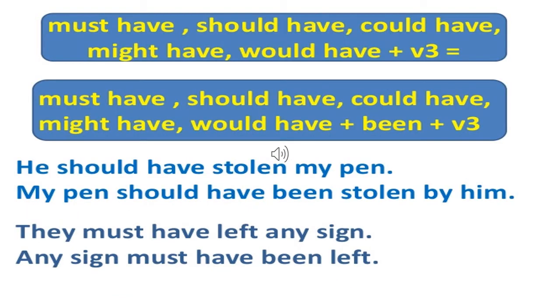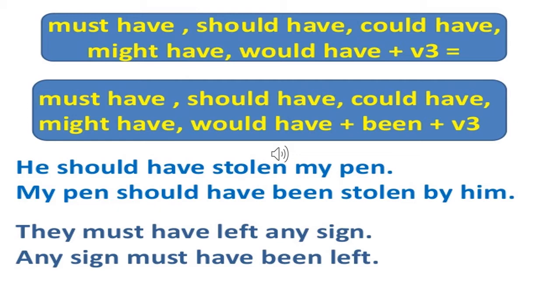If in the active voice the subject is followed by a modal auxiliary verb and then it is followed by have, and then the past participle form of verb is there, then in the passive voice the object is written first, followed by the modal auxiliary, then have, and then been is added over there, and here the past participle form of the verb remains the same, and then it is followed by the subject.